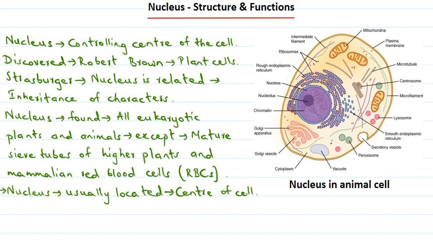Okay, so the number of nuclei actually varies from one cell to the other cell, and generally the shape of the nucleus is related with the shape of the cell.